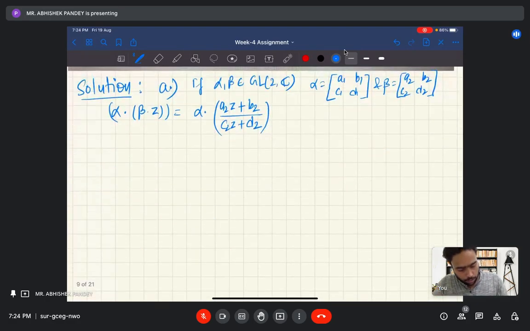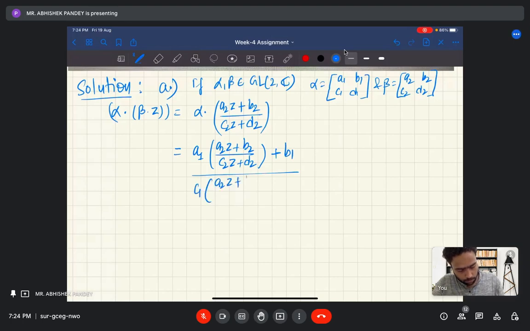Now this will be a1 into a2z plus b2 upon c2z plus d2, plus b1, upon c1 into a2z plus b2 upon c2z plus d2, plus d1.